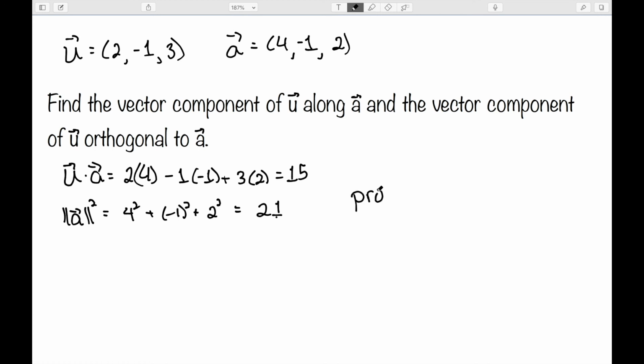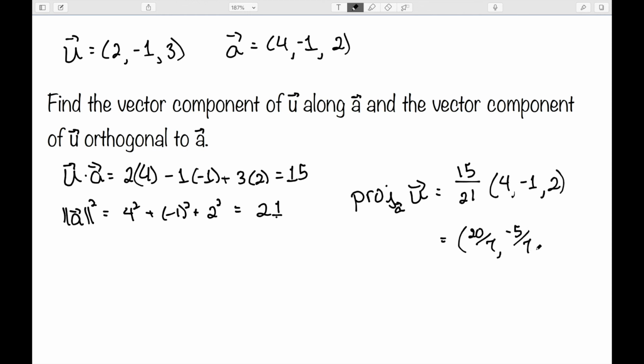So the projection of U along A is going to be given by 15 over 21 times my vector A. Or if I simplify this, 20 over 7, negative 5 over 7, 10 over 7.